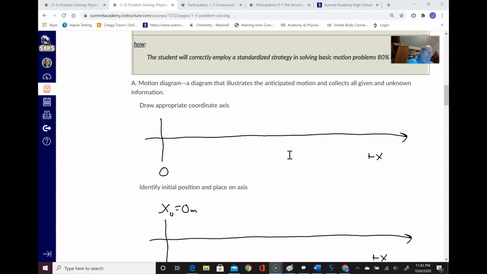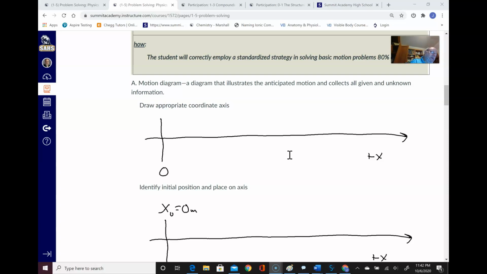The really big purpose for our situation is that it's going to collect all of the information for us in a very standardized way and show that information visually. The second purpose is to show it visually so that we can picture in our mind's eye what's going to happen. Okay, so the first part of this is drawing an appropriate motion diagram.